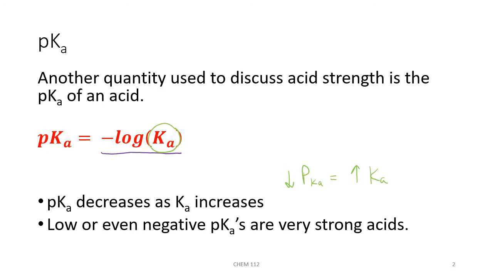You could see even negative pKa values for some of the very, very strong acids. So there's an inverse relationship between those two, just like there is for pH and hydrogen ion concentration. So a lower pH meant a higher hydrogen ion concentration, which meant a stronger acid.